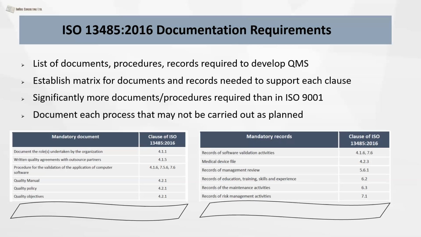So I've identified here some of the mandatory documents and the records required for 13485, and again it shows what they are. A quality manual is required, where it's not required in ISO 9001.